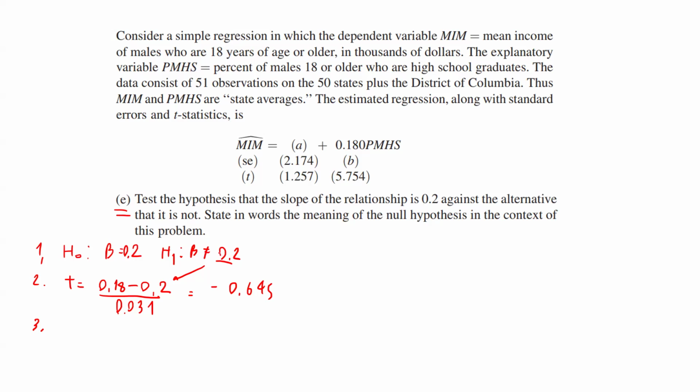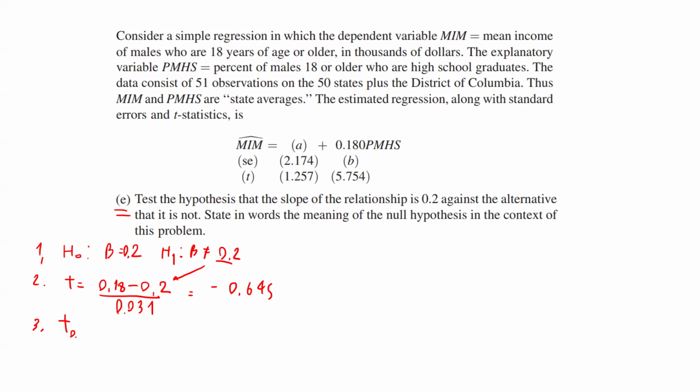So here's the hypothesis: beta equals 0.2 versus not. And then we use the t-test and open the t-table. In this problem, they didn't tell you the confidence level.